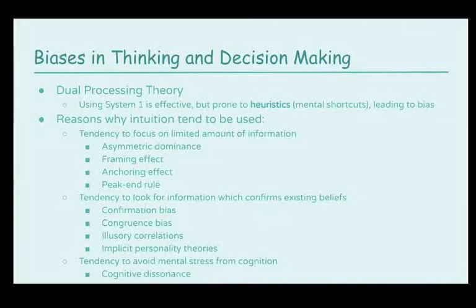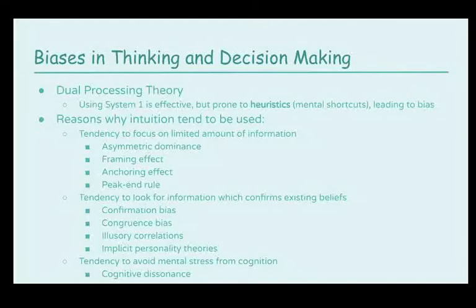And the reason why we often use this intuition is because in real life we tend to focus on a limited amount of information because we have selective attention. We also have the tendency to look for information that confirms our existing beliefs.